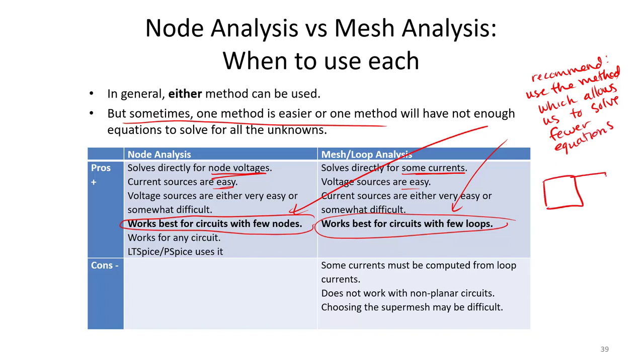For example, if I had a circuit like this, where I have one node V1, but if I have two meshes, I1 and I2, notice that I would only need to write one node equation, but I would have to write two mesh equations for that same circuit. So if I had a circuit like this one here, I would probably want to use node analysis, because I wouldn't have to solve as many equations.